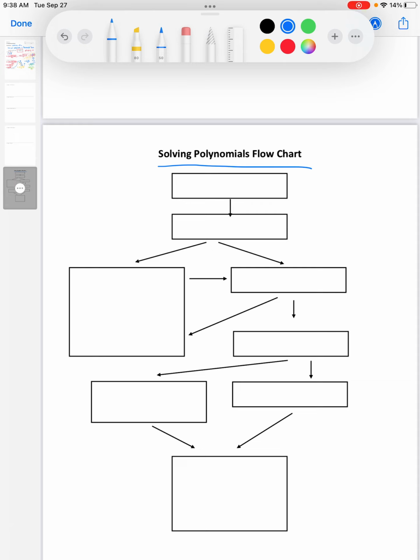So the very first thing, even before we factor or anything, what do we always need to look for? The GCF. So we need to ask ourselves, is there a GCF? If there is a GCF, pull it out.